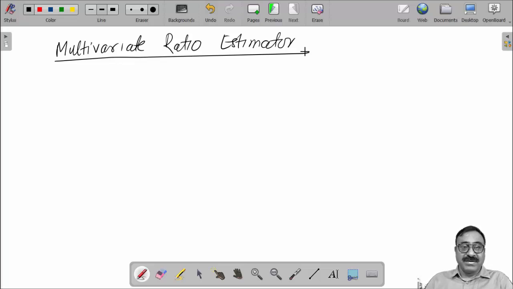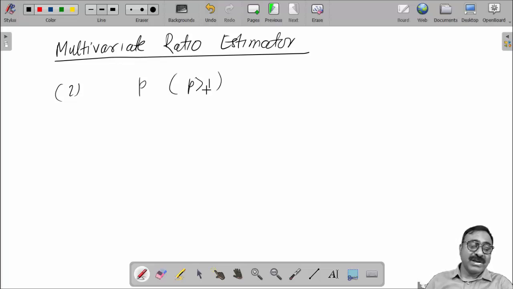Now, three questions arise: whether the data on all the p greater than 1 auxiliary characters can be used to provide an efficient estimator of y bar.